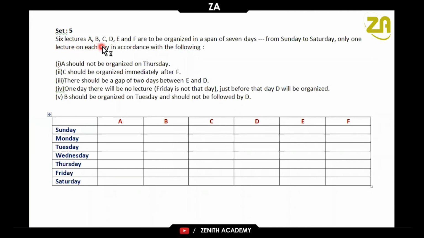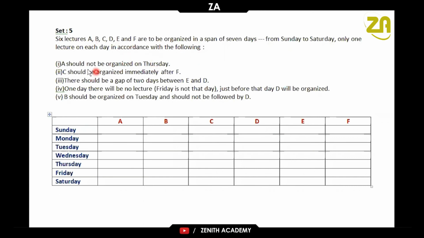Six lectures A, B, C, D, E, and F are to be organized in a span of 7 days from Sunday to Saturday, only one lecture on each day, in accordance with the following. Means one object is lecture and the second object is days. It is a 7 day program and in 7 days there are 6 lectures.